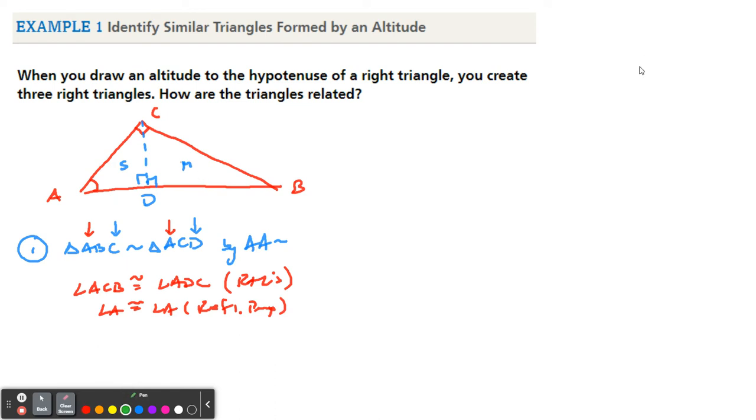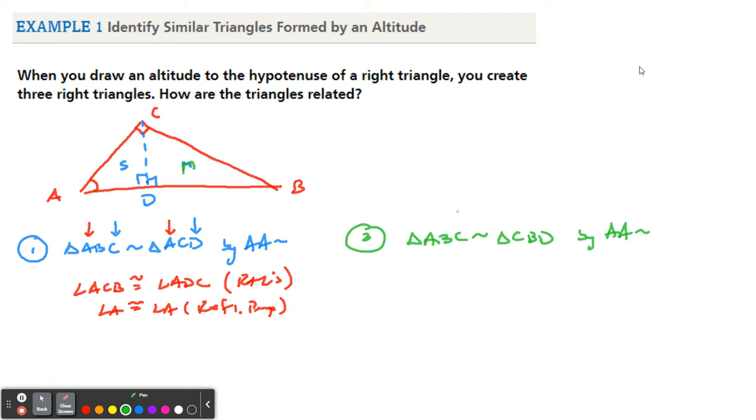Now we can do the same thing for the medium triangle here and the big triangle. So triangle ABC is also going to be similar to triangle, and that correspondence would be triangle CBD. The correspondence is very important here. That's what makes these right triangle problems tough, is the correspondence. And again, it's going to be by angle as well. Again, we know they have right angles.